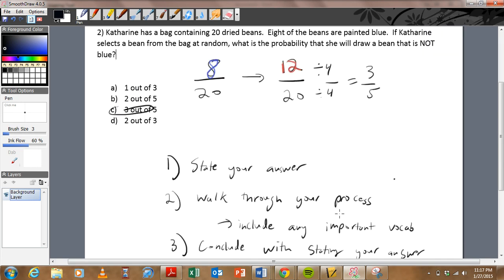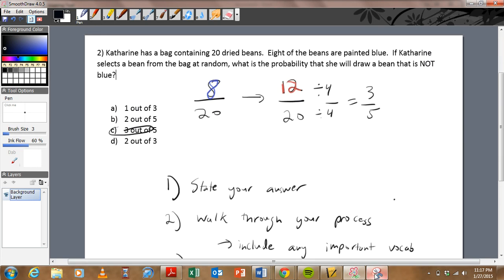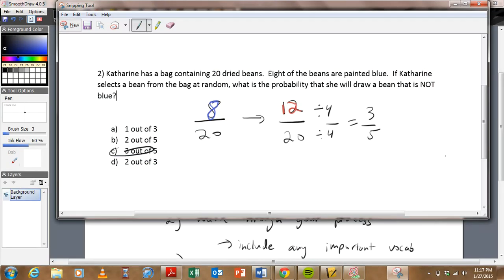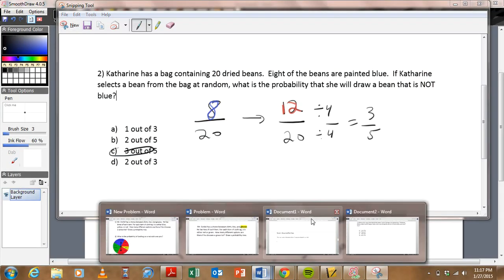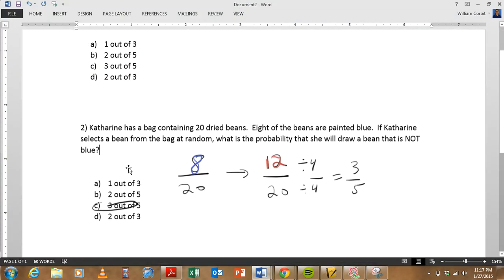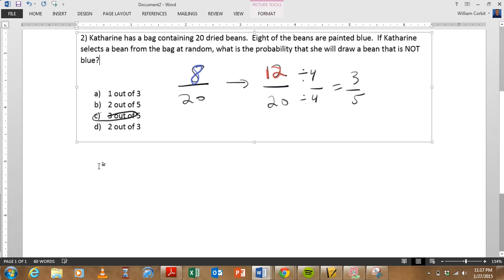So now let me take a screenshot of this and attach it onto a Word document, and I'm going to write a math justification for this problem here. Okay, so here's the problem, and I'm going to have my work here. I'll type underneath this.